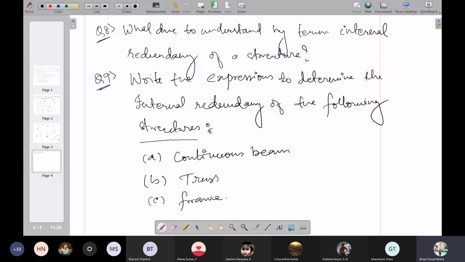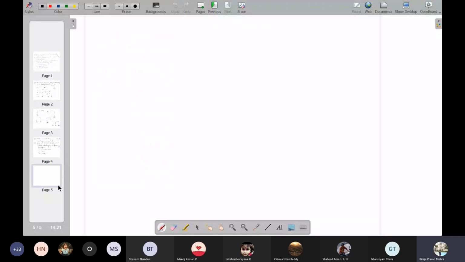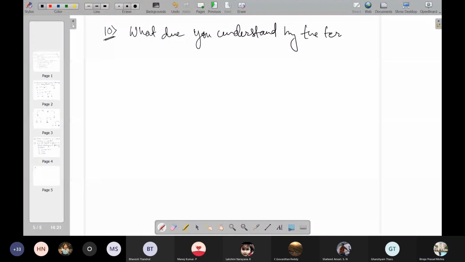This is our question number 10. What do you understand by the term total static indeterminacy of a structure?